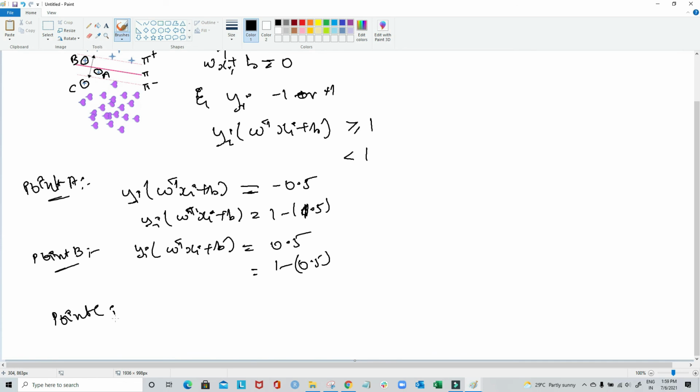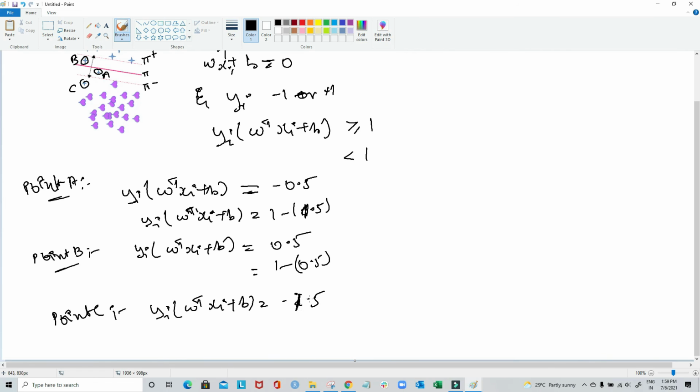So this becomes yi into W transpose xi plus b equals minus 1.5, which is 1 minus 2.5. So as you can see, there's some positive value here.